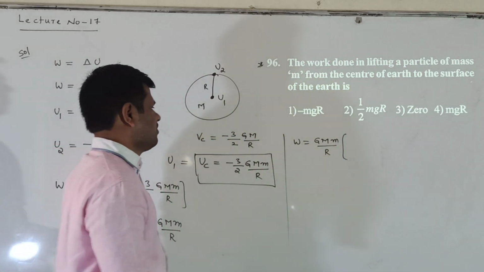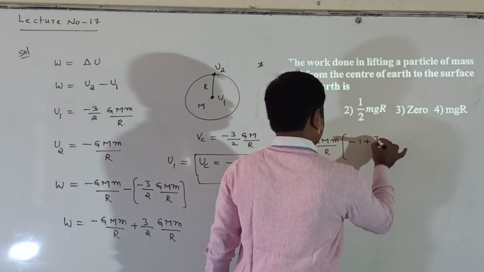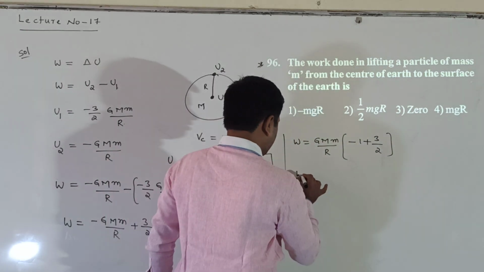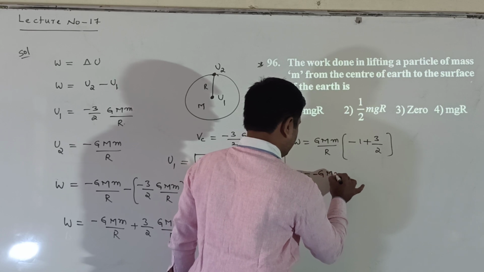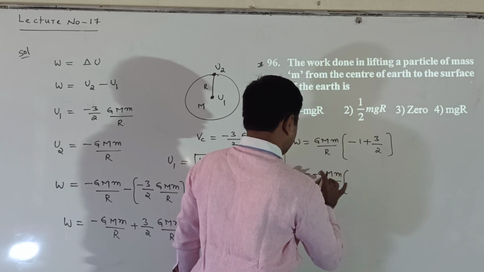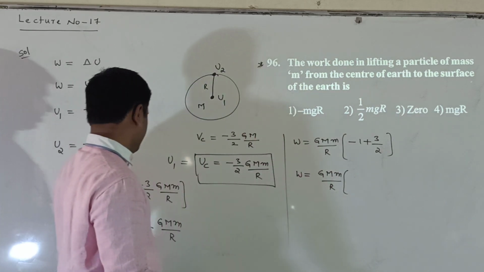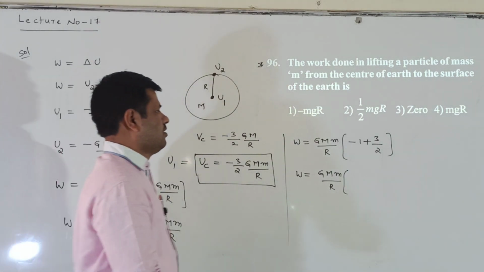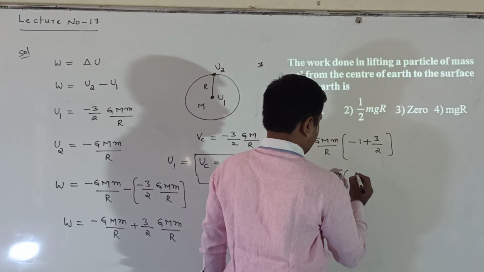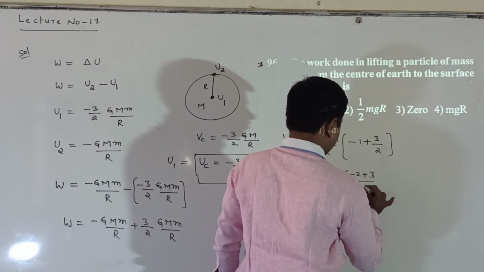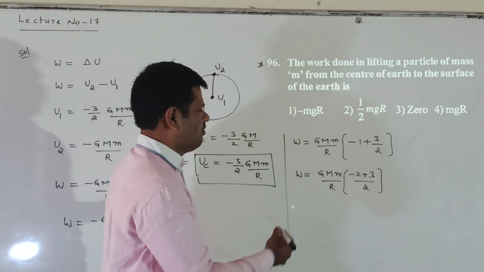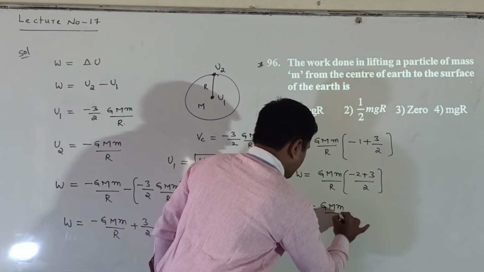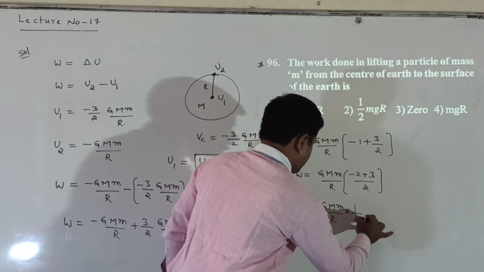Remaining is minus 1 plus 3 by 2. Next, make the LCM: minus 2 plus 3 by 2. What are we getting? 1 by 2. So W is equal to GMm by R into 1 by 2.